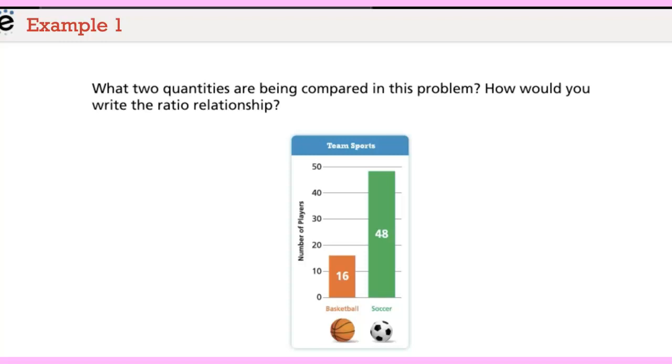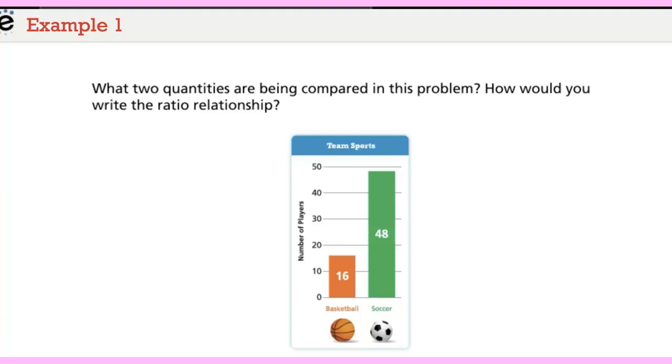How would you write the ratio relationship? So since we know that we could write the ratio using a fraction, we could use that, right? So on your own, how do you think you could use this relationship between the basketball and the soccer players to figure out the answer?